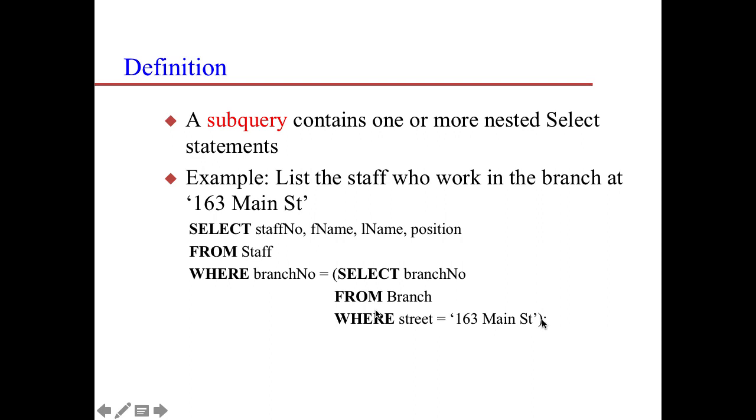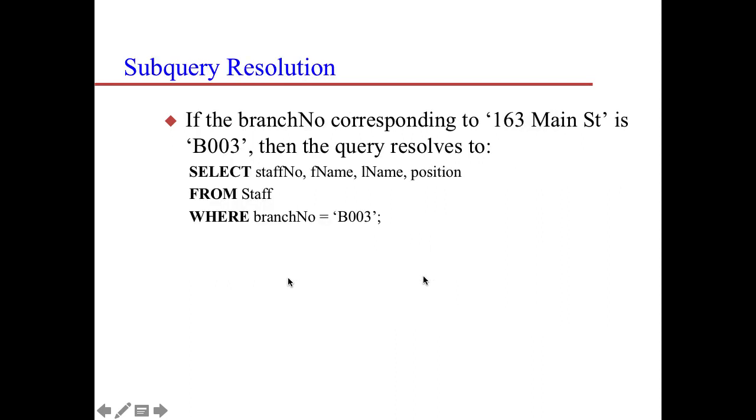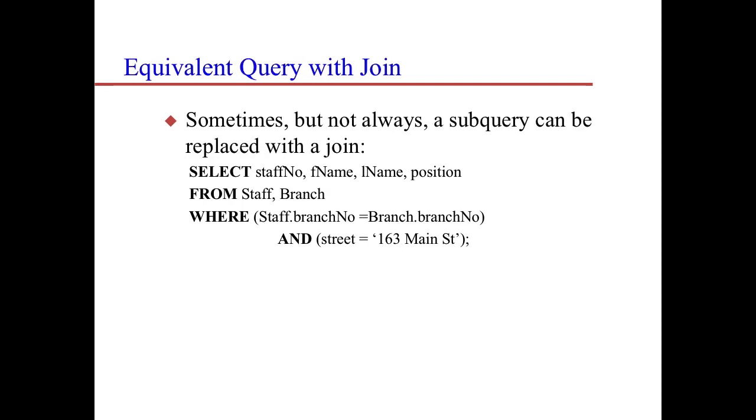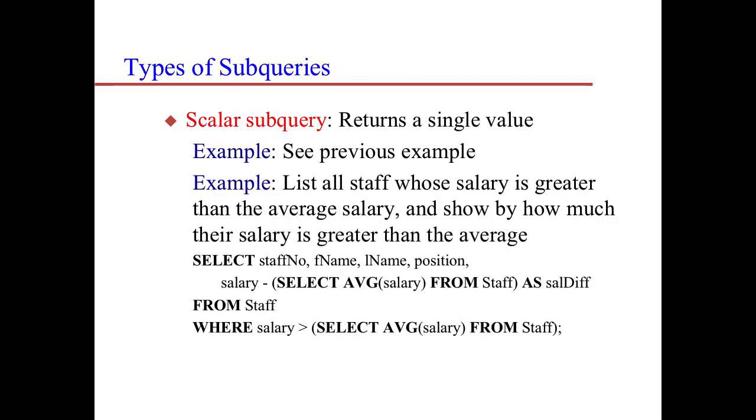The way they're evaluated is inside out, meaning the most deeply nested one is evaluated first. So this one would be evaluated and it returns a single scalar, which is the branch number for this particular branch. And so now you'd be comparing the branch number with, say, maybe B003. Okay, so that's a very simple scalar subquery, and it is called a scalar subquery because it returns a single value.